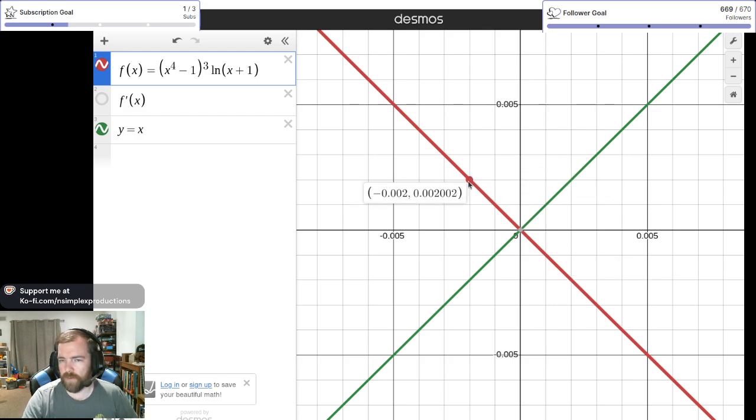Okay, negative 0.002. 2002. Again, really close to being a ratio of like 0.2 in this direction and a negative 0.2 in this direction as we're going around like that.